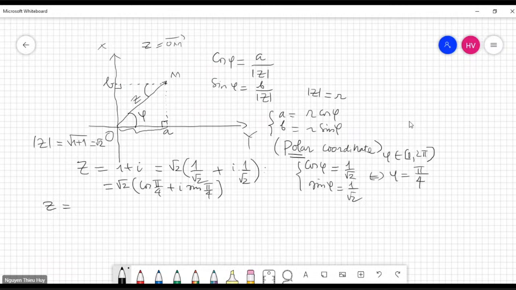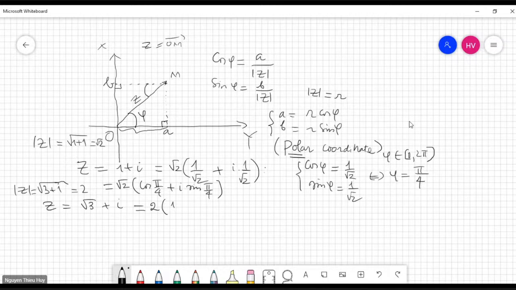So let's do another example: square root of 3 plus i. Again, you have to compute the modulus. Take the squares: you obtain 3, and 1 squared is 1, so we obtain the square root of 4, which is 2. So the modulus is 2.